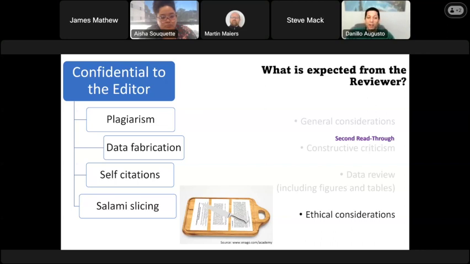Maybe that's something that you can bring to the editor. But don't make accusations to the authors. Just mention this to the editor. The editor will appreciate your comments and will take a look, and then they will discuss what to do in that situation.